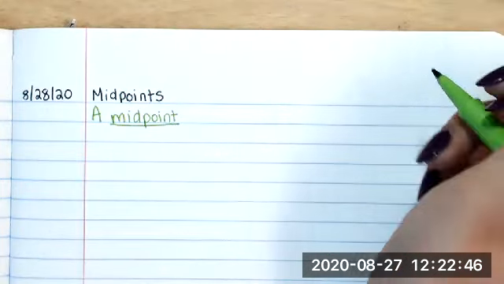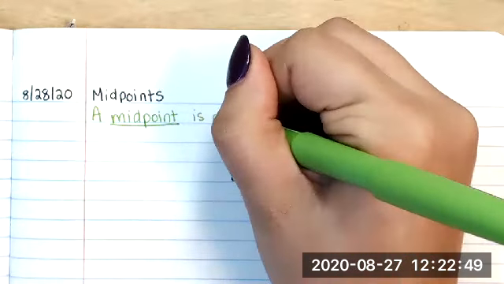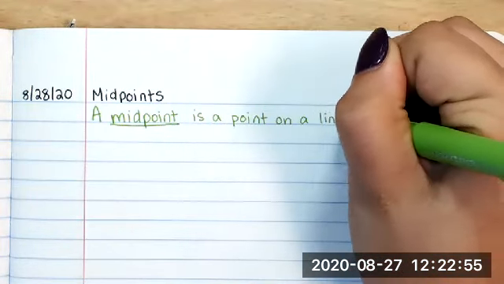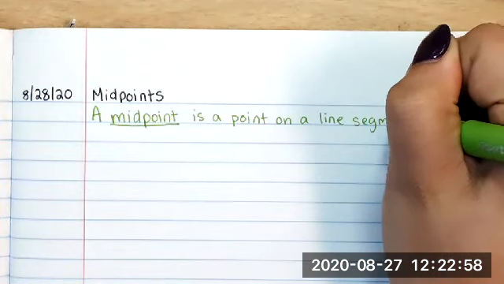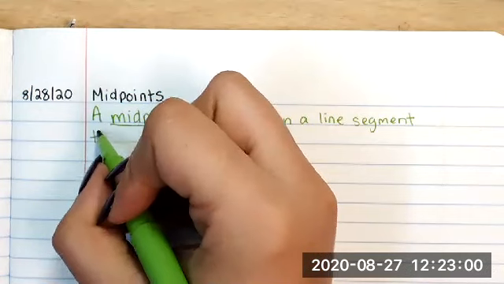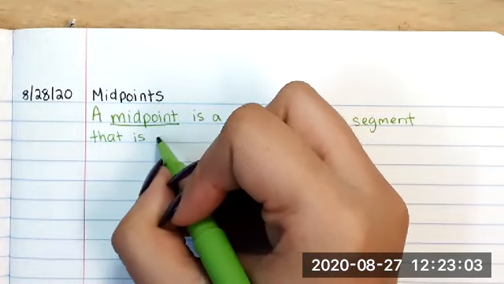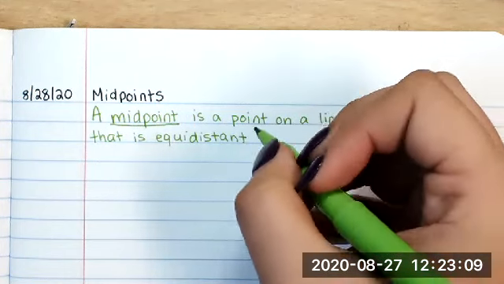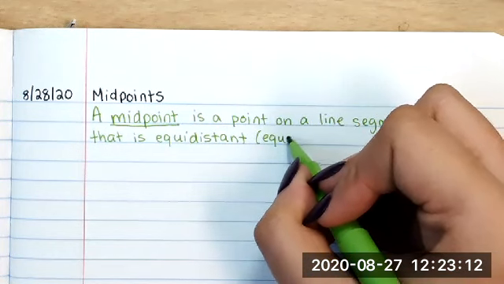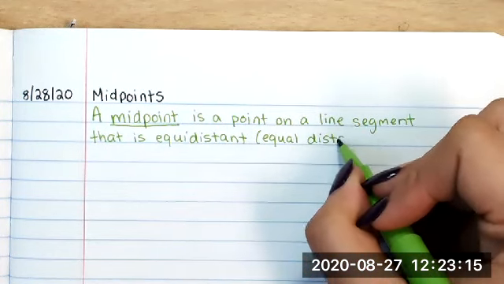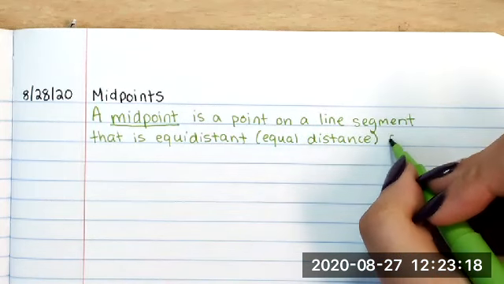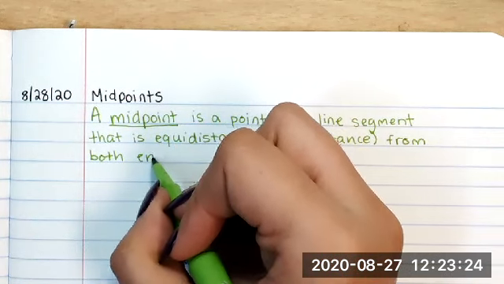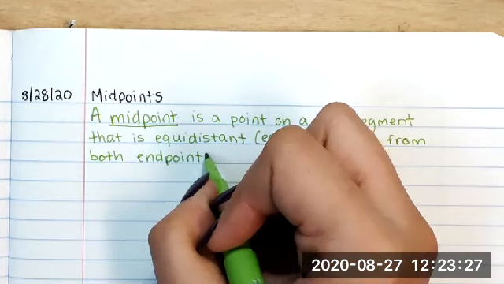So a midpoint is a point on a line segment that is equidistant, or equal distance, from both endpoints.